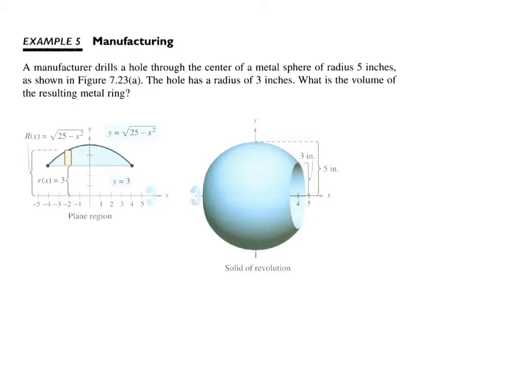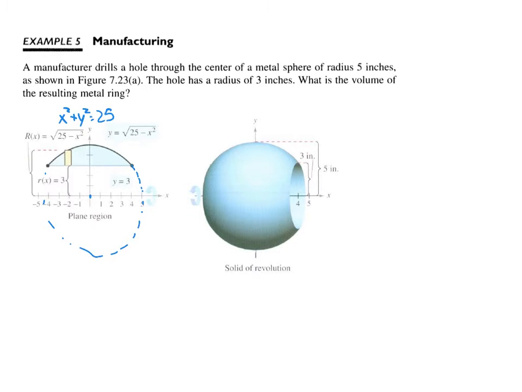All right, so you guys have had a little bit of time to look at this one. What's the outer shell on this one? The square root of 25 minus x squared. By the way, you should be able to come up with those on your own. If I tell you that I've got a sphere that has a radius of 5, you should be able to tell me that the circle that would make up that has an equation of x squared plus y squared equals 25.